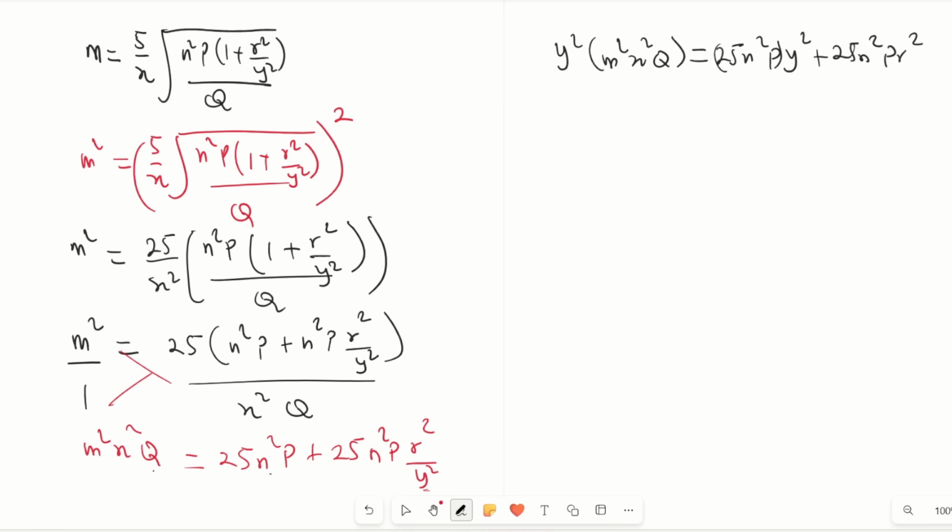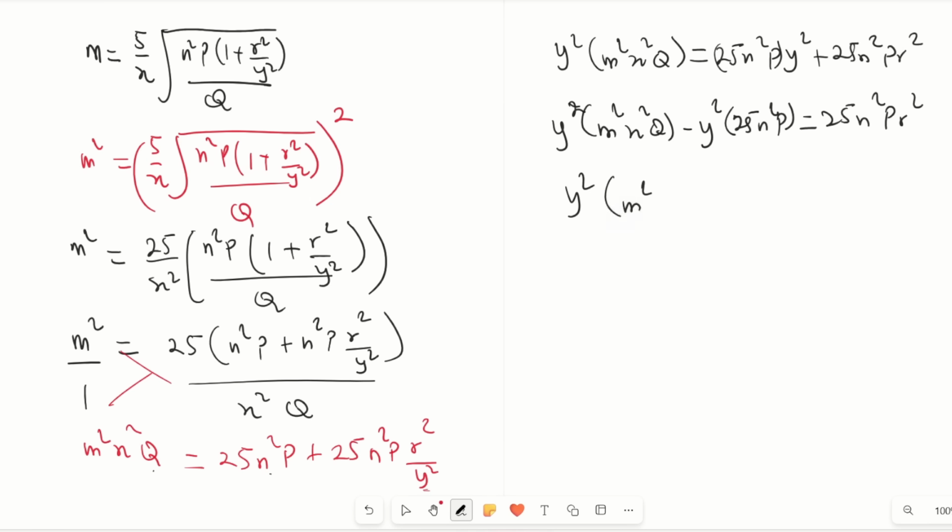So now we can group like terms and move all those with y squared to one side. So we have y squared m squared x squared q minus y squared 25 n squared p equal to 25 n squared p r squared, right? So it means that our y squared, we factorize it out.